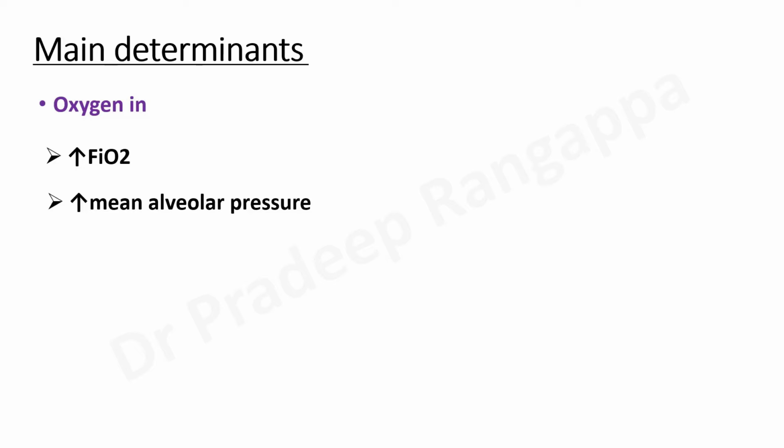This is something every listener should pay attention to, because FiO2 is a simple thing, but we need to understand the means that we can adopt to increase the mean alveolar pressure. And the PEEP, because the intrinsic PEEP that the patient has may not be good enough. So we need to provide extrinsic PEEP to reopen alveoli and reduce the shunt fraction. So these are three important components that are utilized to improve the oxygen.